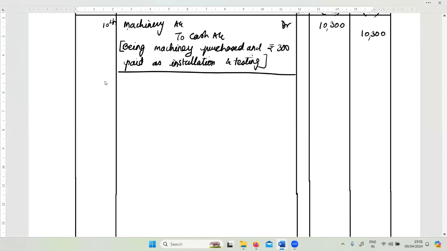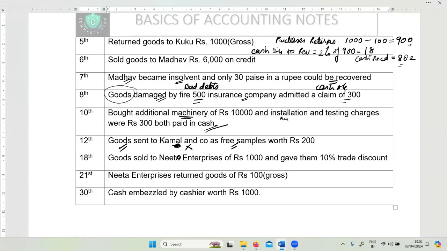So let's write the transaction on 12th. Advertisement account, debit 200, and to, what are you doing here? You're sending the goods as free samples. So goods account is going out.